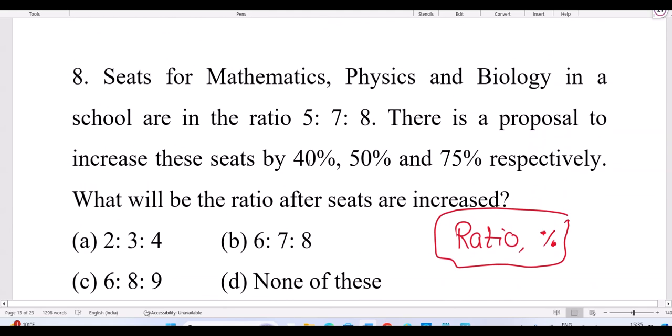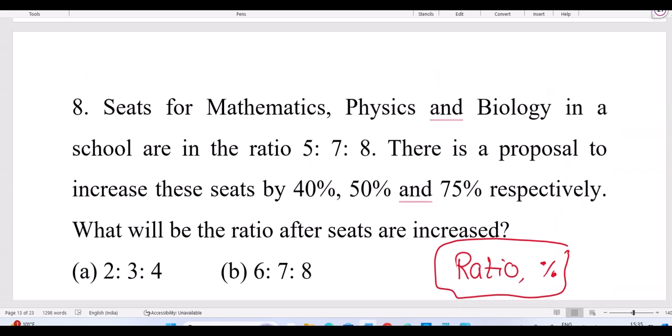Now, before entering into the question, not only this topic, in percentages, profit and loss, simple interest and compound interest, in all these topics, if the entire question involves only ratio, multiplication, division, percentages, only these are the things involved, then assumption is allowed.